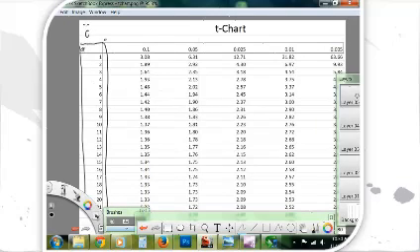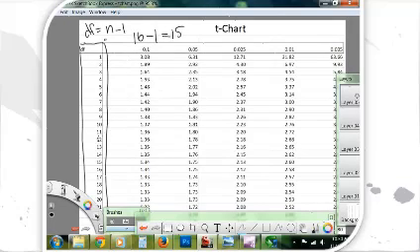Degrees of freedom will be denoted by lowercase d, lowercase f, and is your sample size n minus 1. So let's say you have a sample size of 16. Your degrees of freedom would be 16 minus 1 equals 15.